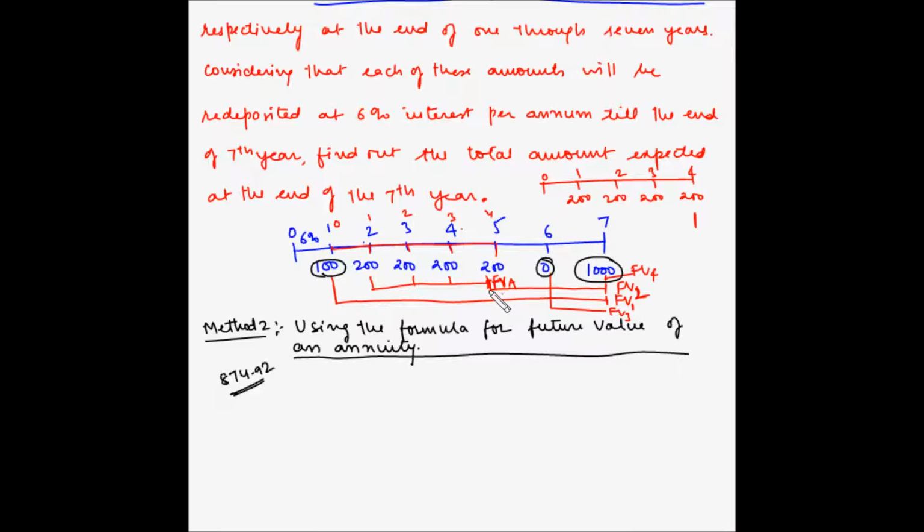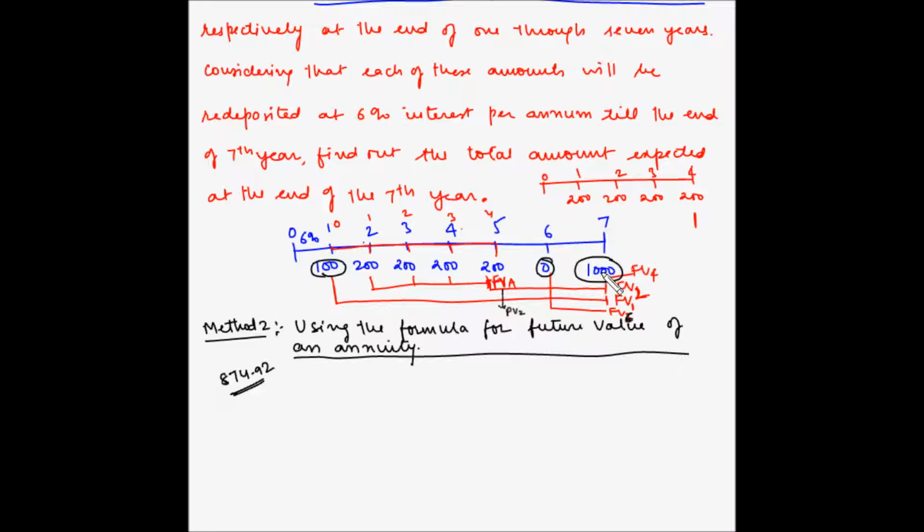Now a point to be noted is that this FVA value is the future value of this annuity at the end of the 5th year. However, while we are calculating the value of this amount at the end of 7th year, this FVA will become the present value. So let's call this PV2 because this will get converted into FV2. Now the value for 6th year, let's call this FV6 just for the ease of understanding and clarity.